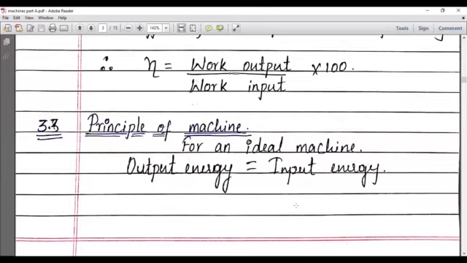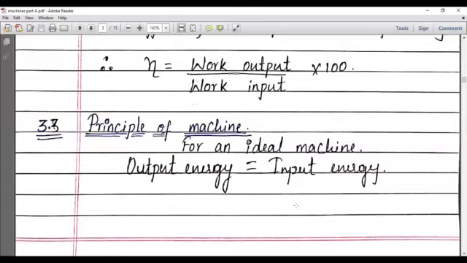Whatever amount of energy we are supplying should be returned by the machine. But usually this will not happen due to resistive forces, wear and tear, and friction. The useful work done by the machine can never be greater than the work done on the machine. Otherwise, we would violate the principle of conservation of energy. Therefore, no machine can ever have efficiency greater than 1. It will always be less than 1.